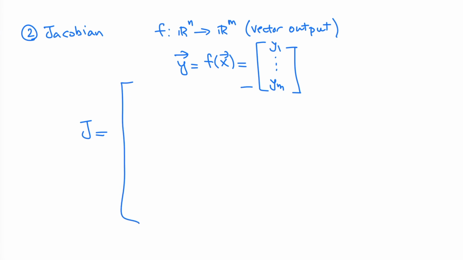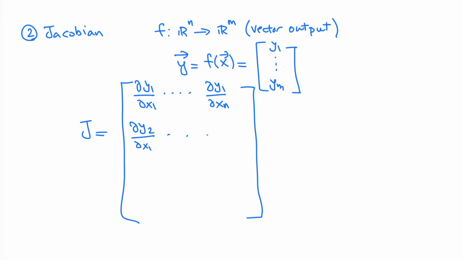So in this case, the Jacobian is actually a matrix, and the way that we form this is that the first row of J is what contains partials of y1 with respect to all x's, meaning partial y1 partial x1 to partial y1 partial xn. So this is all the partials with respect to x1 to xn.